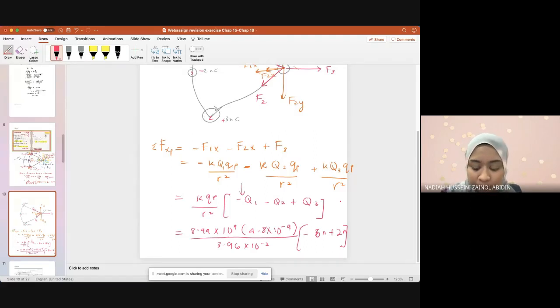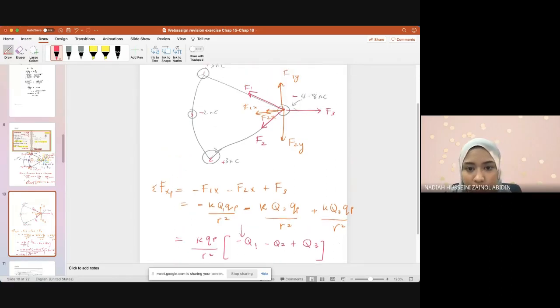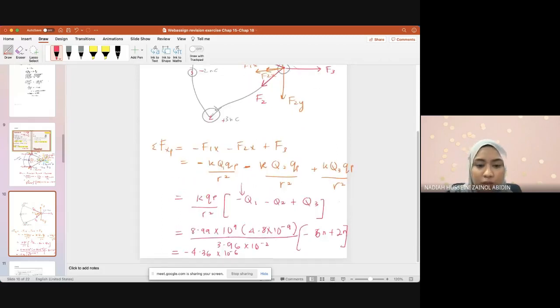Ini baru X ni. So I got 4.4. This is X belum sampai jawapan akhir lagi. 0.36 times 10 to the minus 6. Betul ke? Minus positive. Okay, macam betul. Okay, I hope I use my calculator correctly.